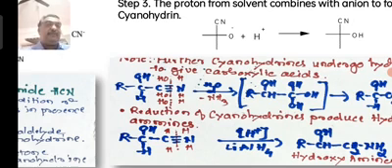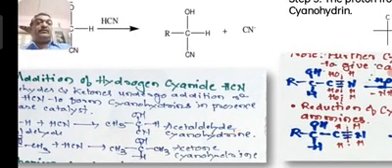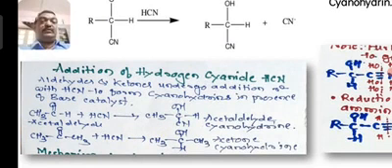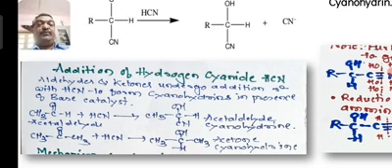On reduction, they are going to form hydroxyamines. Here I have given an example of acetaldehyde treated with HCN. There is a formation of CH3CH(CN)OH, acetaldehyde cyanohydrin. So this is addition of HCN to aldehyde.